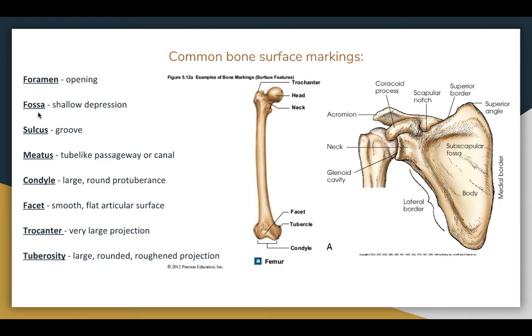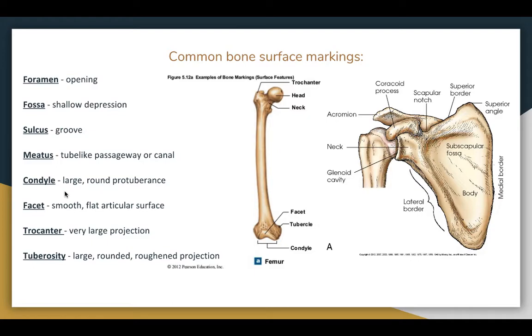A fossa is a shallow depression in the bone, and I don't see one of those here either, but we will talk about that also when we're in class. The sulcus. A sulcus is a groove in a bone. The meatus is a tube-like passageway or canal that you can see in bone.